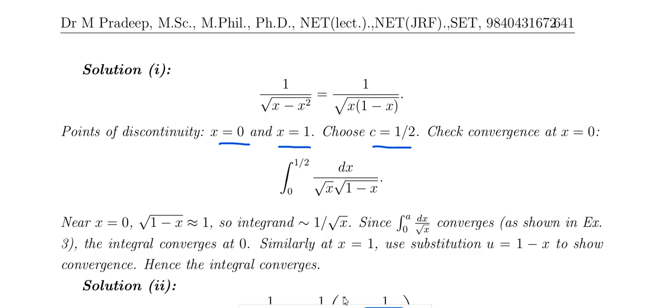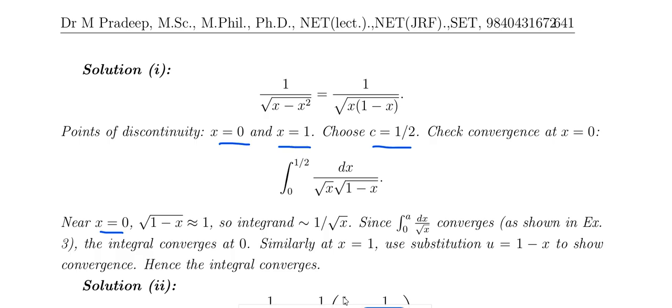So for 0 to 1 by 2, x equal to 0 is the only point of discontinuity for 0 to 1 by 2. Am I correct? Okay. So 1 minus x into that, at x equal to 0, converges to 1.